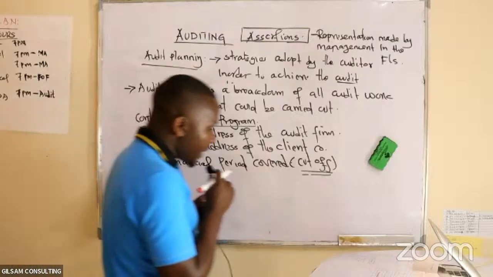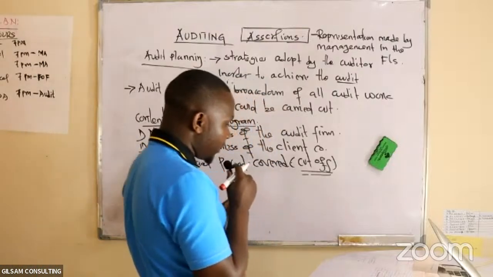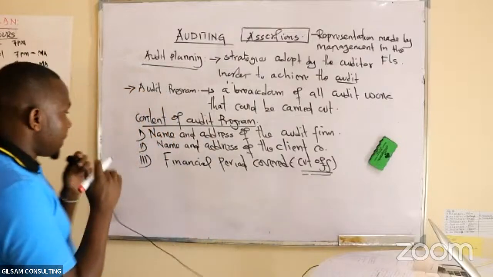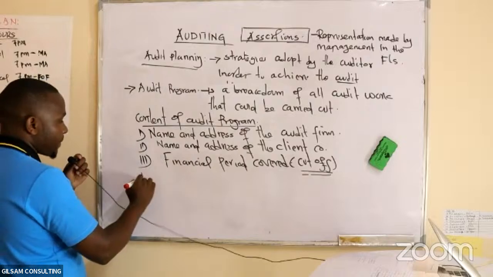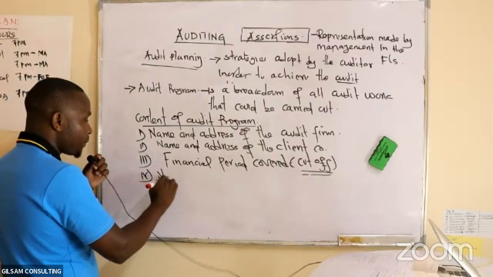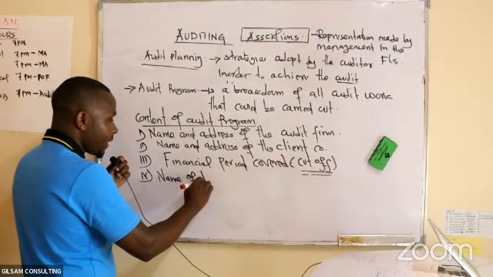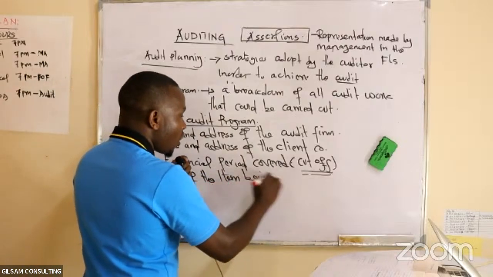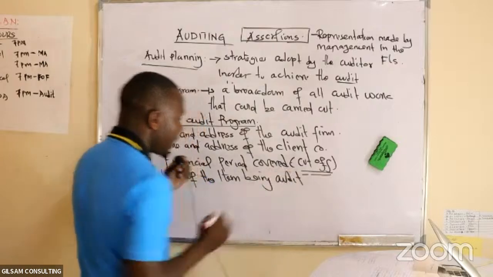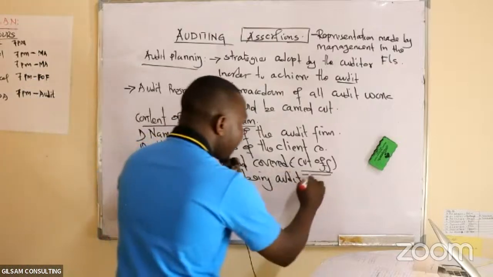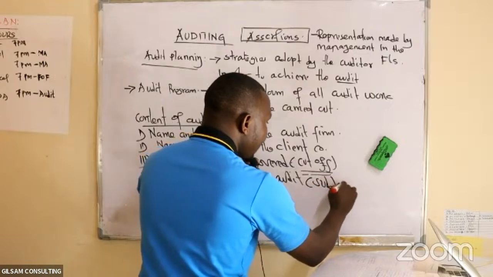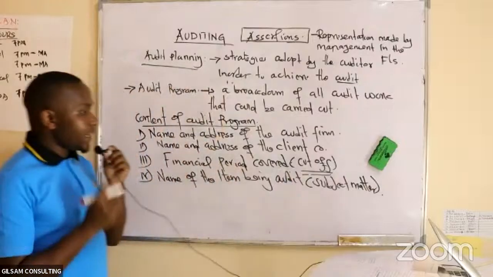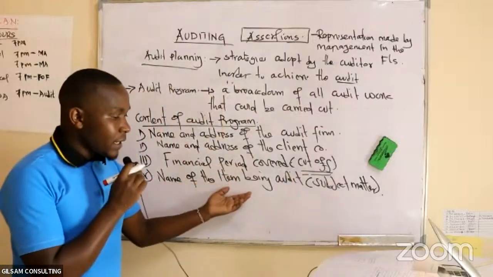Then another content of the audit program is the name of the item being audited, in bracket, the subject matter.